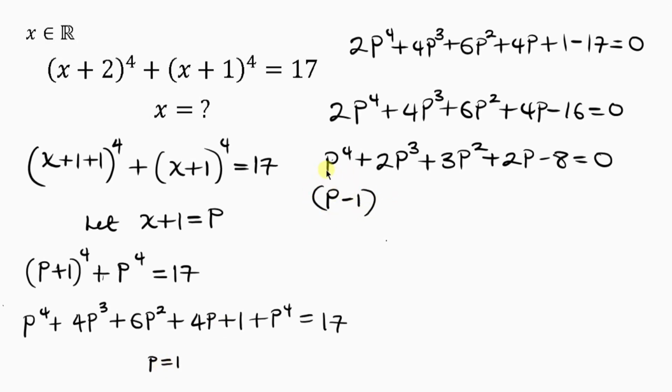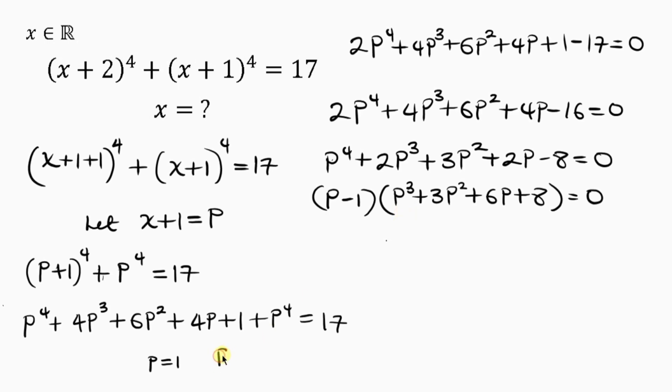And now using this expression to divide this factor, I'm going to be having a cubic equation of p^3 + 3p^2 + 6p + 8 equal to 0. Very good. Now I have a cubic equation here, which can also be factorized. So let's go ahead and factor this cubic equation.